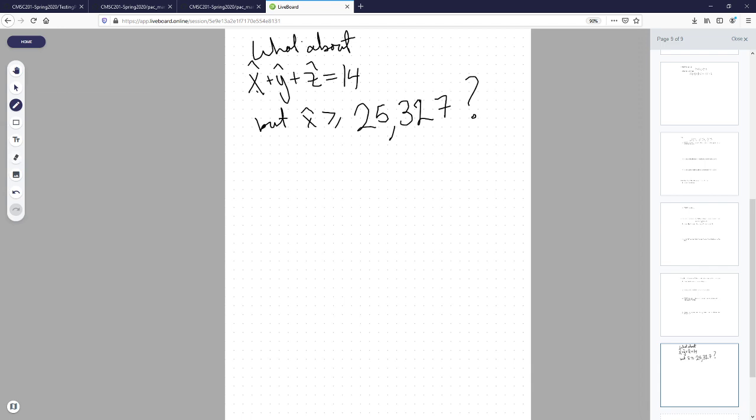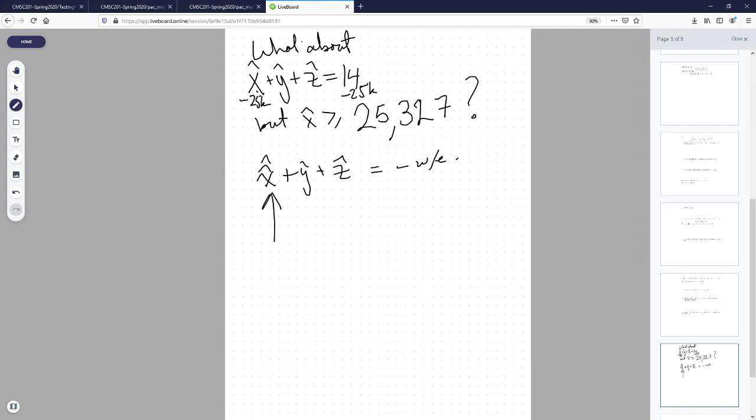And the reason why is because if you subtract off 25k from both sides, basically what you have is x hat plus y hat plus z hat is equal to negative whatever, right? The point about the stars and bars method is it only counts the non-negative solutions.